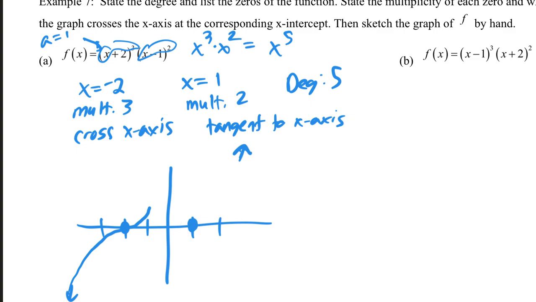Again, we're not really scaling the y-axis, so it doesn't matter how far up you go. You need calculus to figure out where exactly that's at. You're not there yet, obviously. So we're going to round it off and come back down the way we came from. And then at this next 0, I'm supposed to be tangent, so bounce and go back the way I came from, which is good because it takes me to the end behavior that I'm trying to get to.